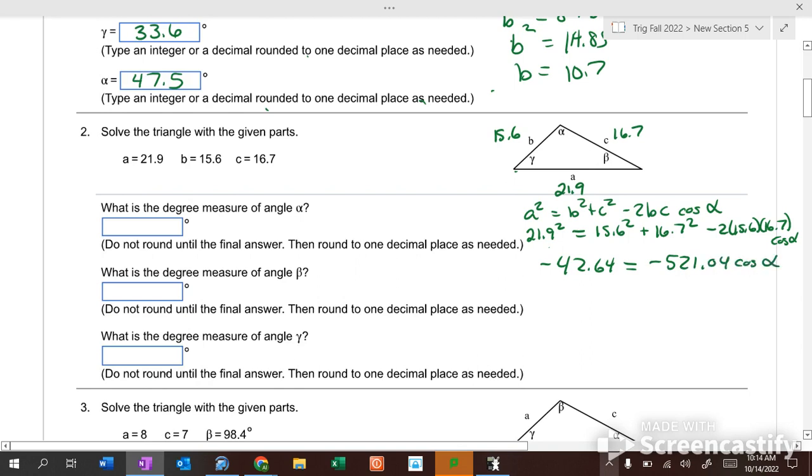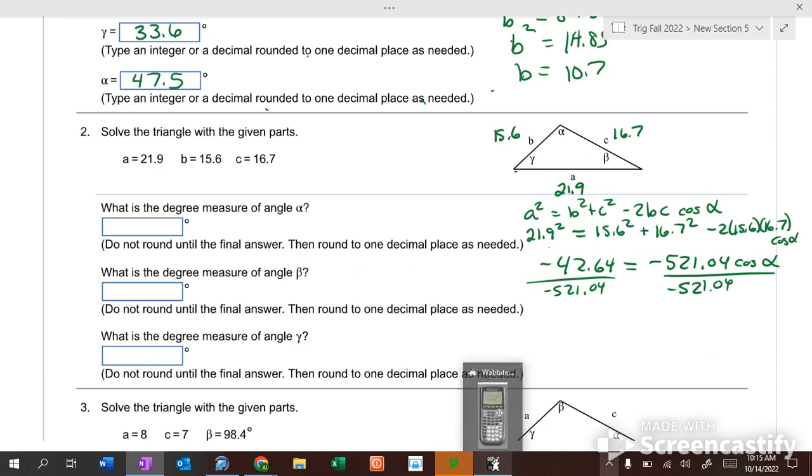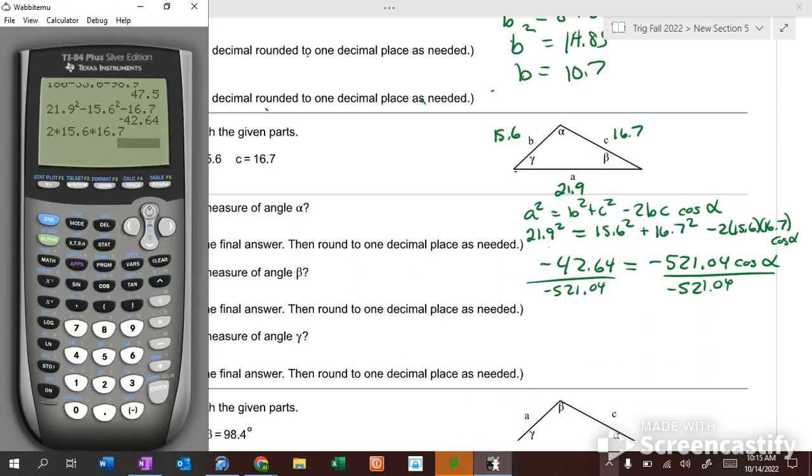cosine of alpha. So if we divide by 521.04, whoops, forgot to put on the negative there.